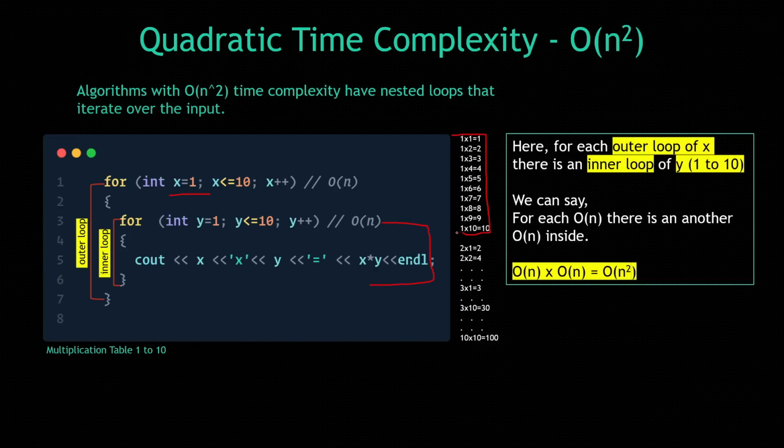from 1 to 10. Again x plus plus, then x equals 2, the inner loop runs again and prints the output. Same, x equals 3, the inner loop runs again. It will continue till x equals 10. So we can say for each O(n) there is another O(n) inside. We already know a simple for loop time complexity is O(n).